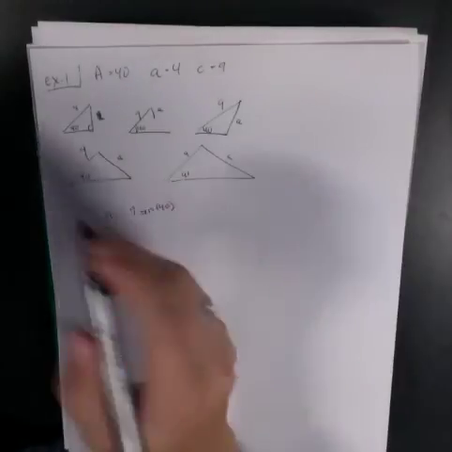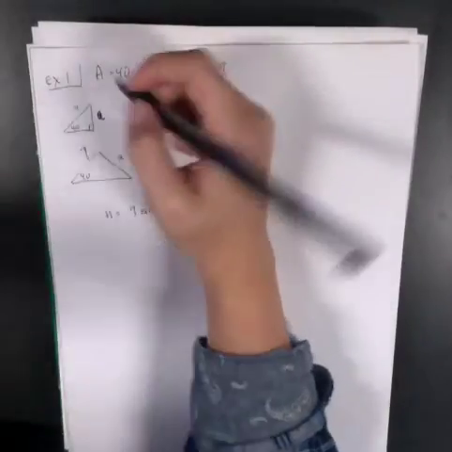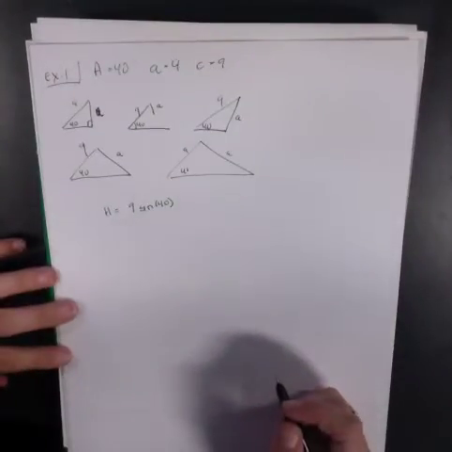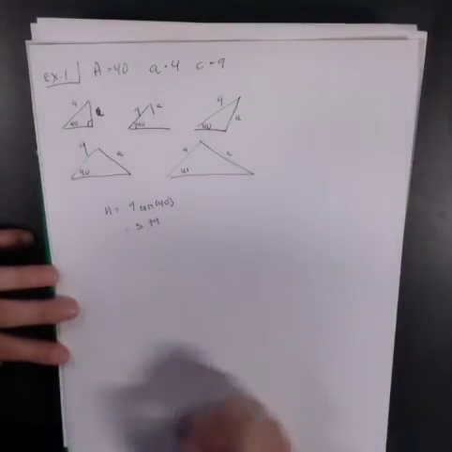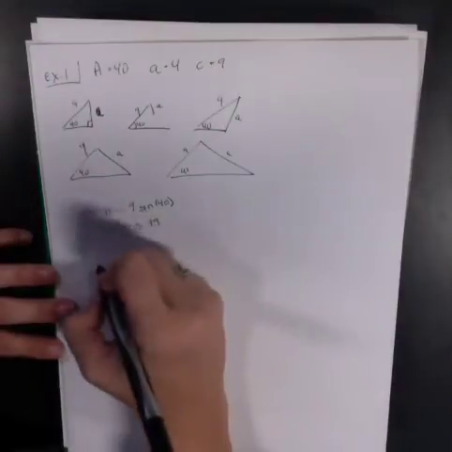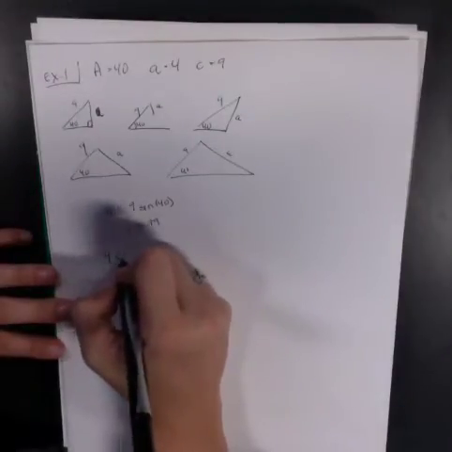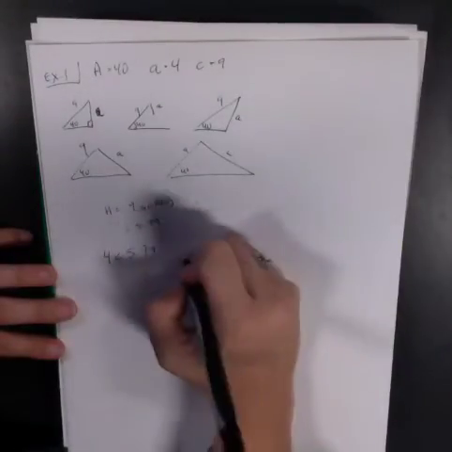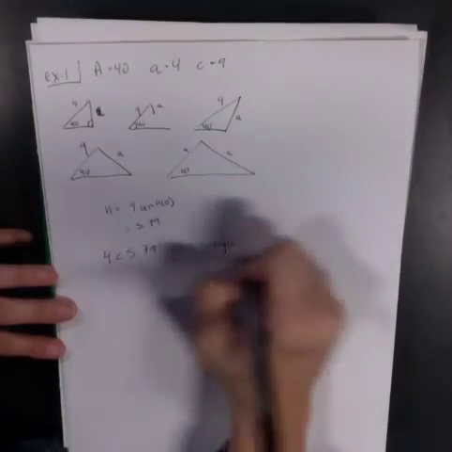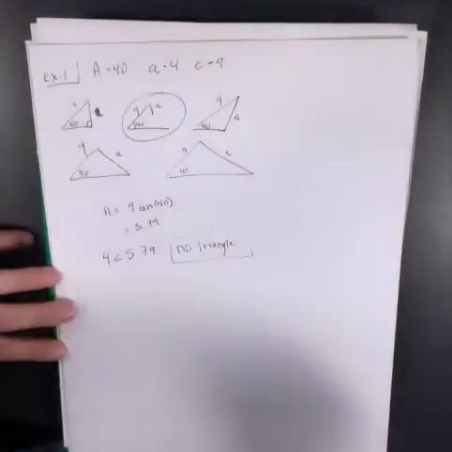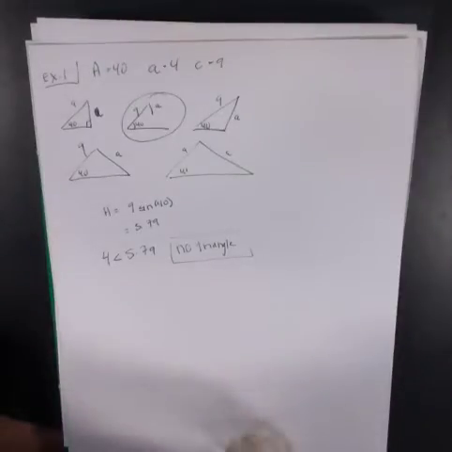Here a is equal to my height, that's how we know it's a right triangle. So we solve this for h and we get 5.79. Now what we see is a, which is 4, is less than 5.79. Therefore, no triangle can exist like this. It would look like this. a would be less than 9, so it wouldn't work.